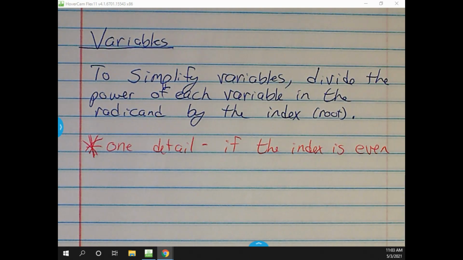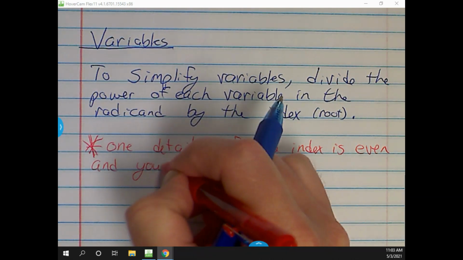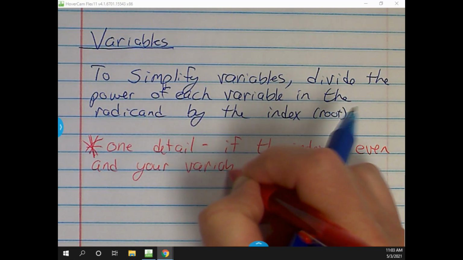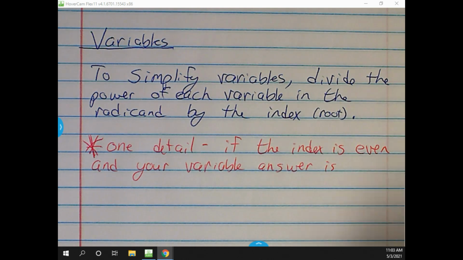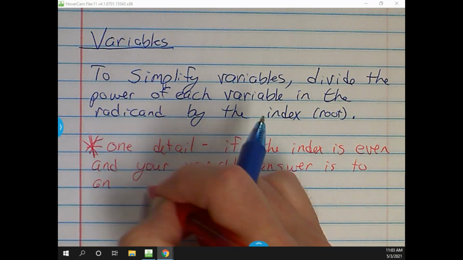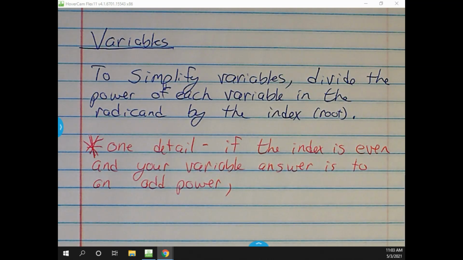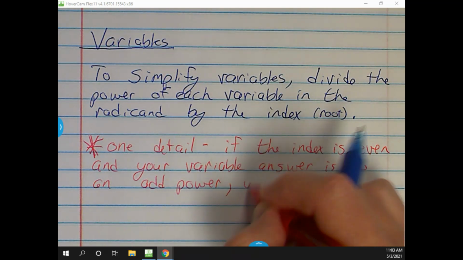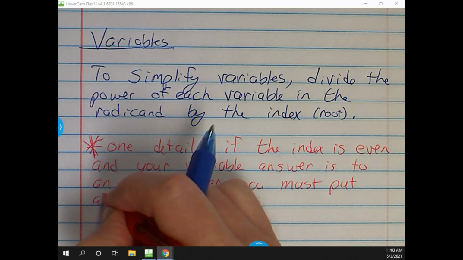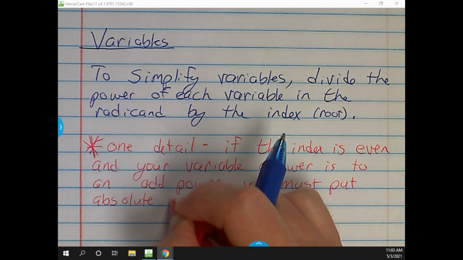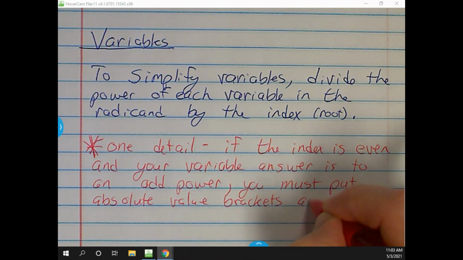If the index is even, and your variable answer is to an odd power, you must put absolute value brackets around the variable.